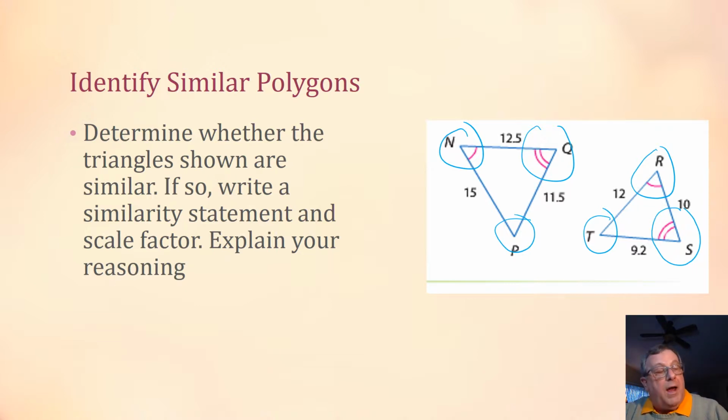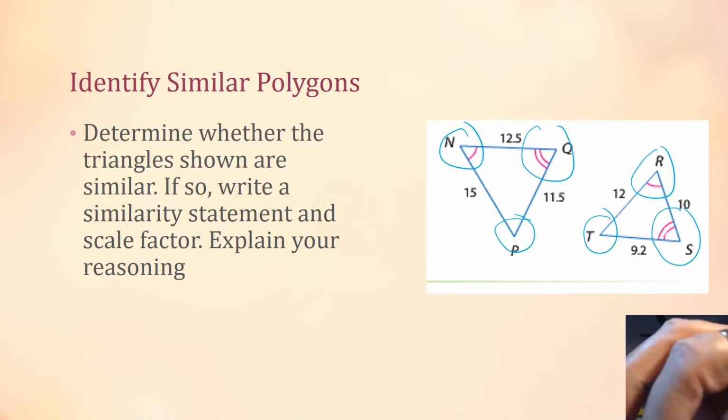In other words, all the angles here have got to equal 180 degrees. And if angle N and R, as well as Q and S, are congruent, then angle P and T must also be congruent.